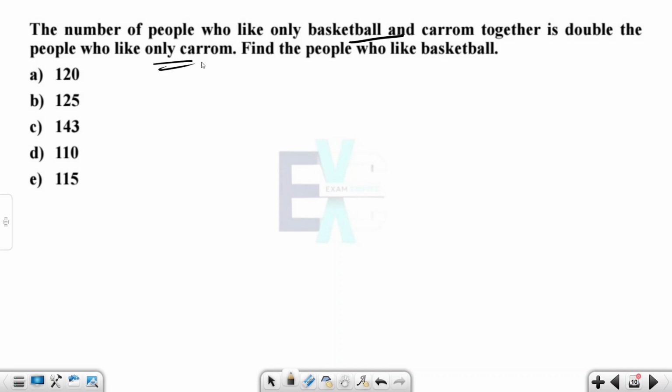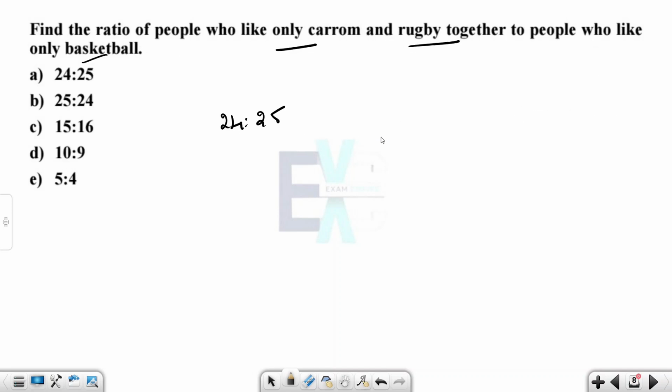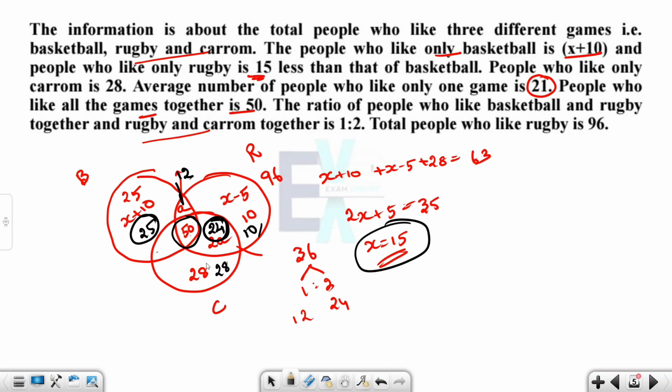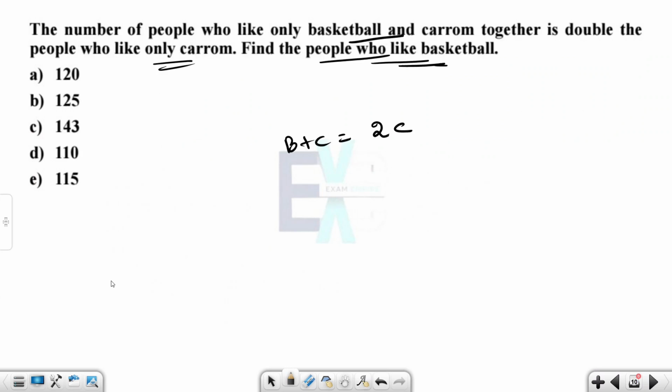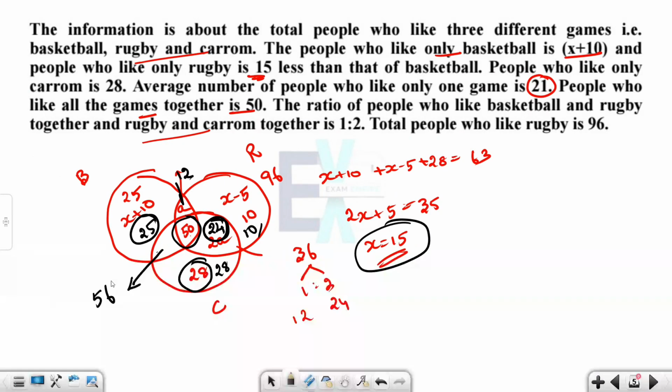Next, the number of people who like only basketball and carom together is double the people who like only carom. Find the people who like basketball. So basketball plus carom is 2 times carom. Carom is 28, so it will be 56. And what we need to find is people who like basketball.